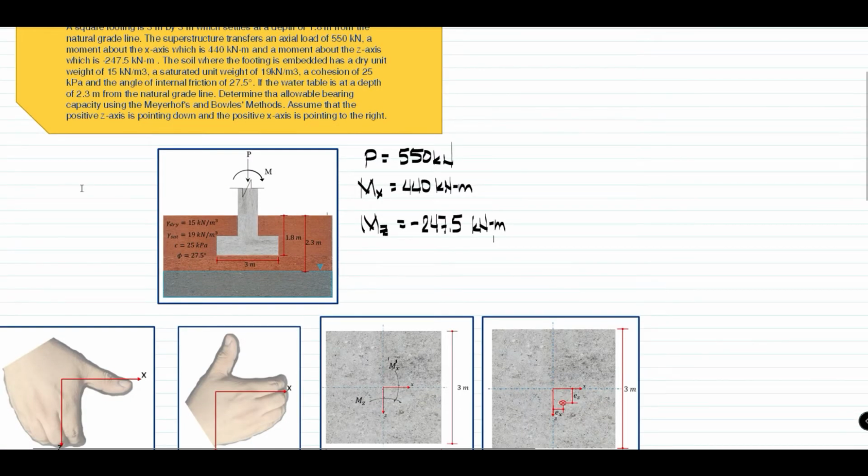So ngayon, ang kailangan natin is to determine ano nga ba yung magiging direction nitong moments na to dun sa footing natin. So, simula tayo dun sa moment about the x-axis. So, makikita natin na positive yung sign ng moment.